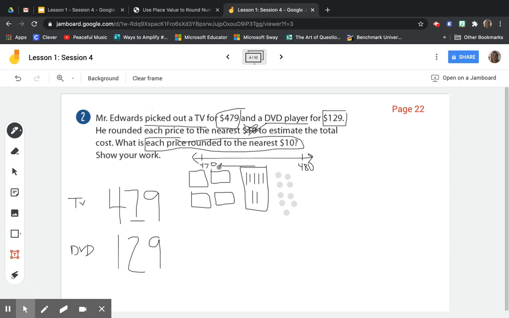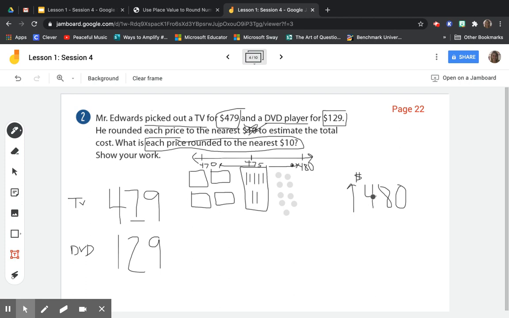So I have 70 here and 80 here. I'm going to put my middle, which is going to be 475. And I can see that this number 479 is all the way over here. It's almost all the way to 480. So I'm going to round 479 up to 480. Okay, so that's a pretty good deal on a TV.